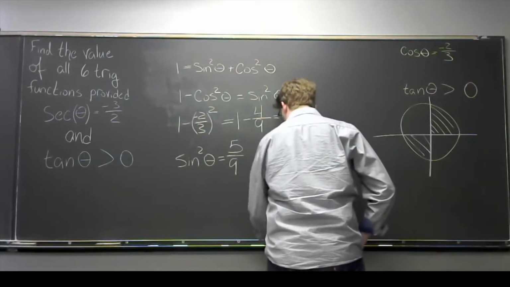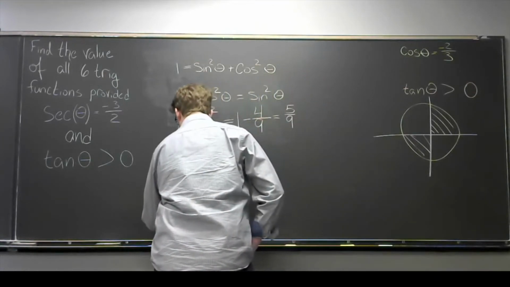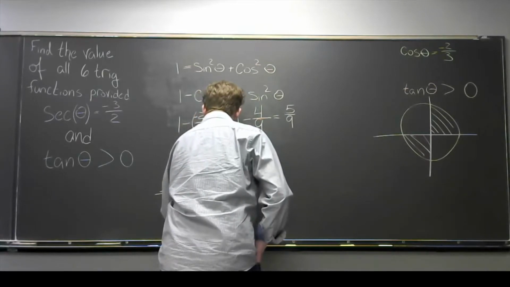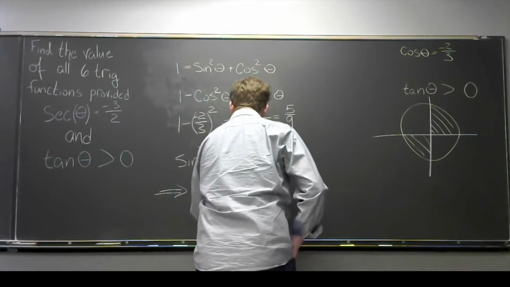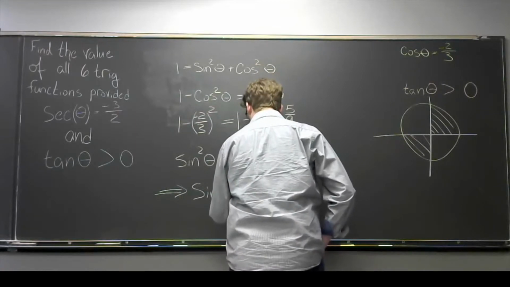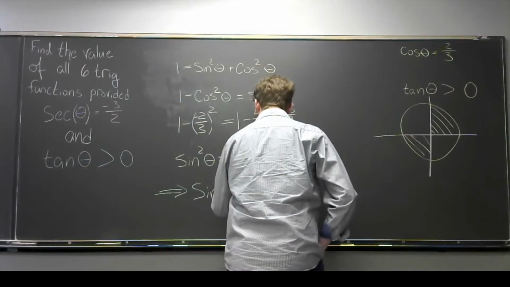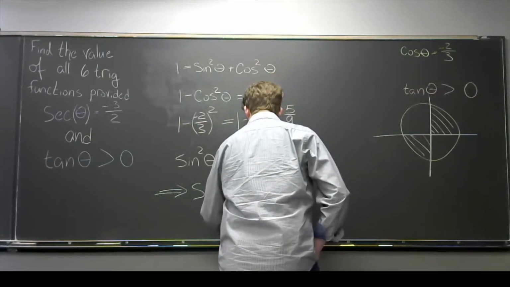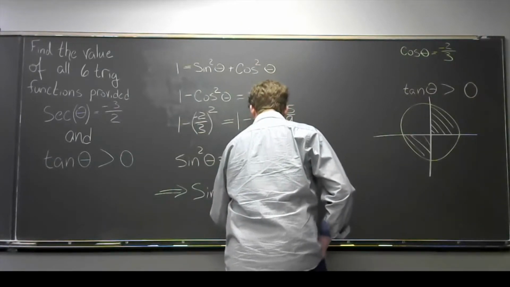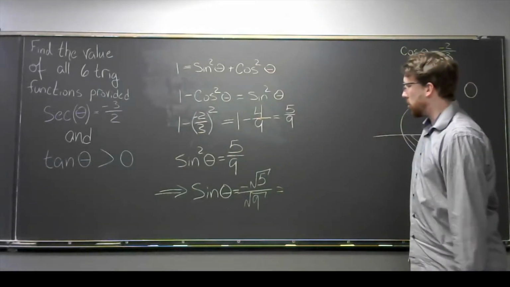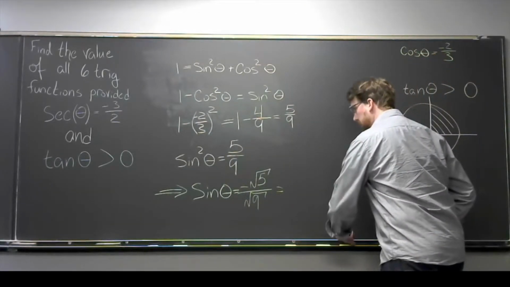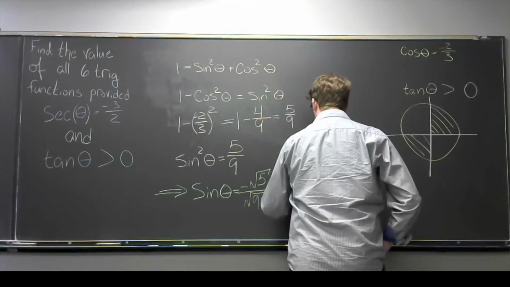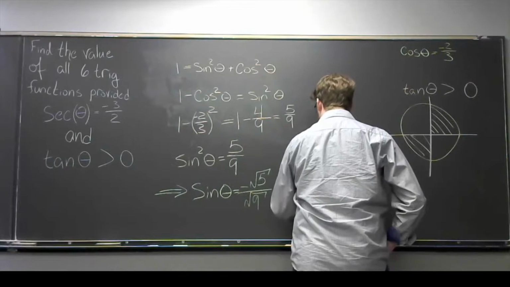So we can come over here and say, cool, this means sine theta is equal to the negative of the square root of 5 over the square root of 9, which is equal to the negative of the square root of 5 over 3.